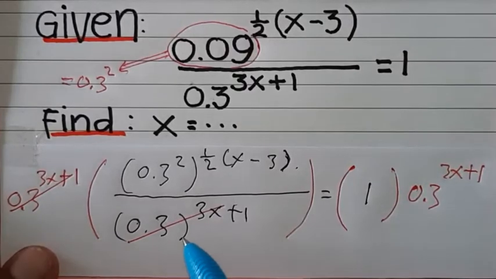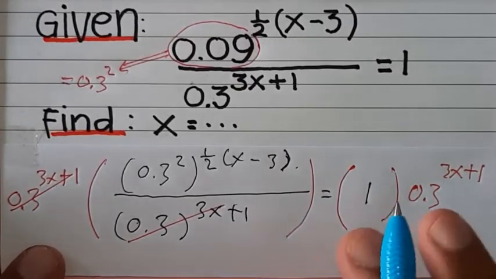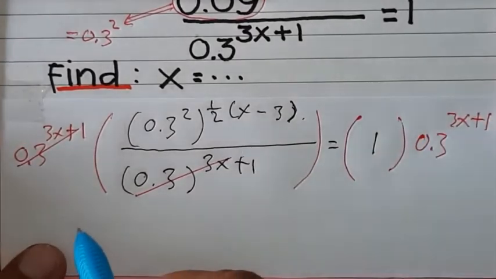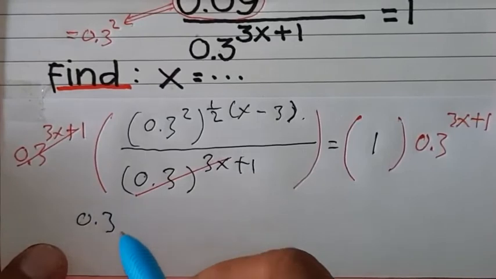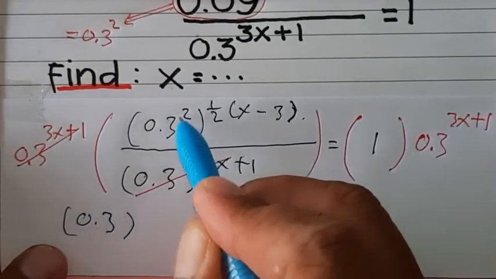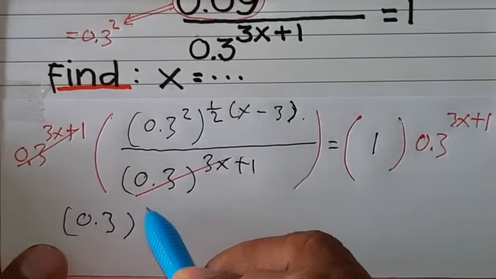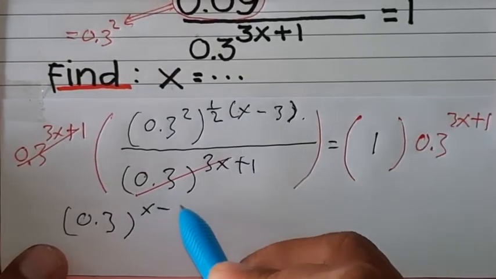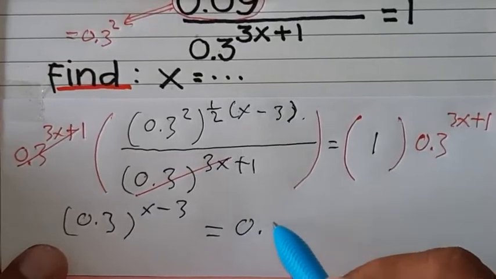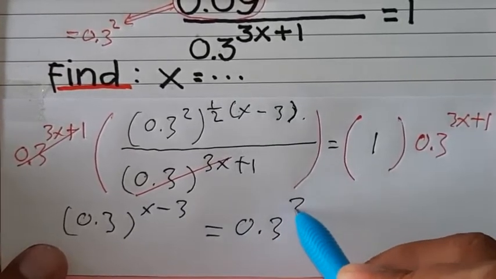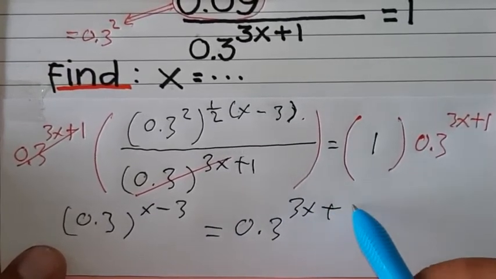So the equation can be written as 0.3^(x − 3) equals 0.3^(3x + 1).